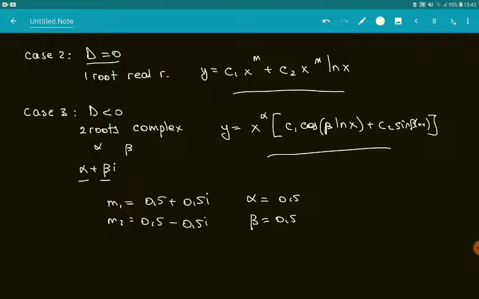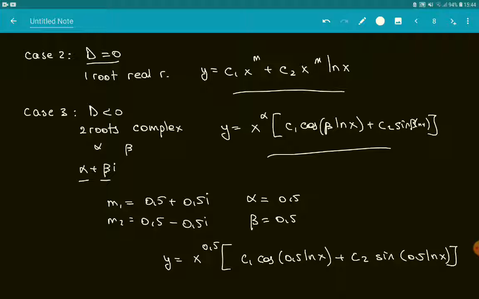So when we do the calculation for y, it will be x to the power alpha, 0.5, multiplied by c1 cosine beta, 0.5 ln x, plus c2 sine 0.5 ln x, and that's all for question 1. So let me turn to question 2.